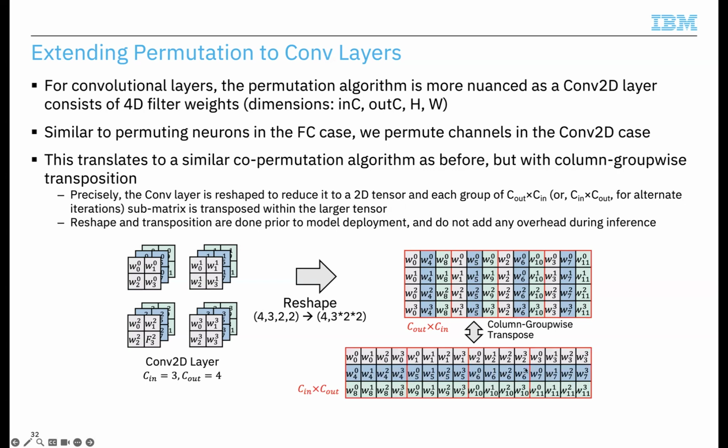And then you reshape it back to the 4D tensor that it was. That's the high level idea, but the point is there's no need to do it online. This is only done once offline prior to the model deployment stage, so it doesn't affect the runtime for the inference at all.